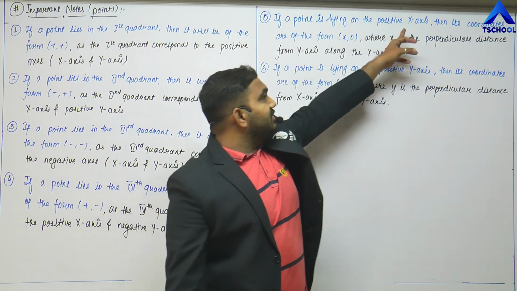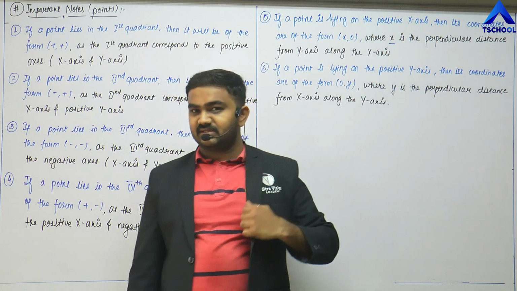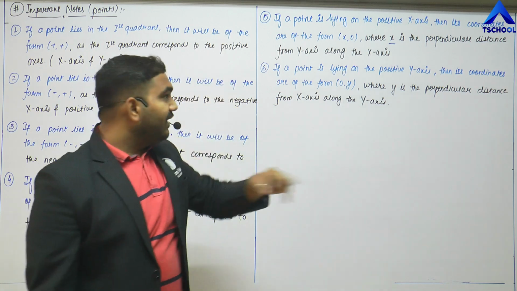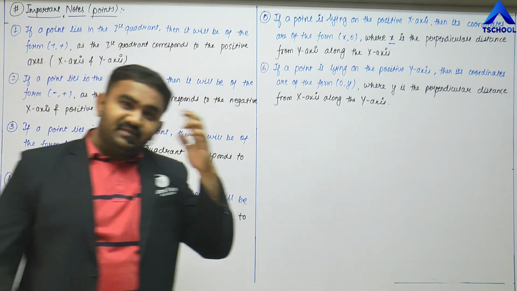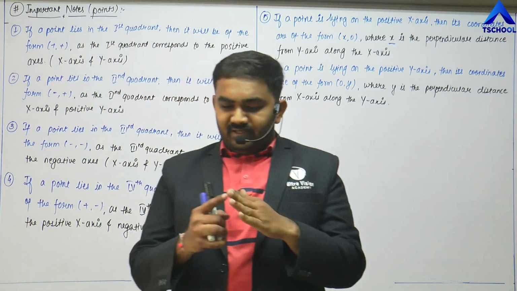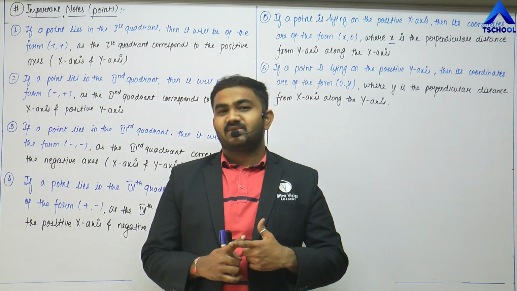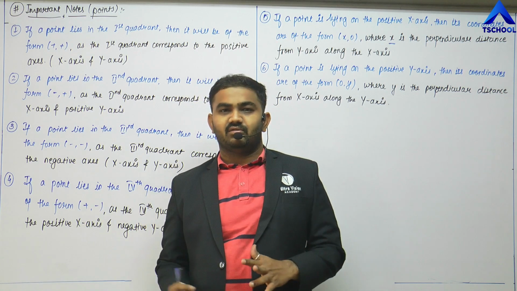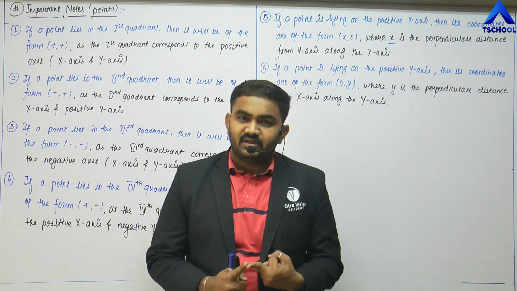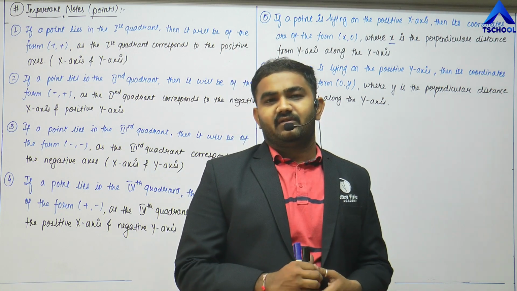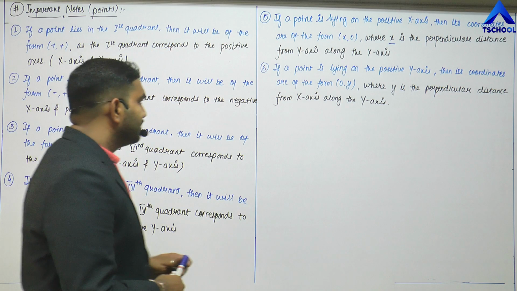If it is on the x-axis, its y coordinate is 0, and if it is on the y-axis, then its x coordinate is 0. So you will understand this trick: the point is on the x-axis, so its y coordinate is simply 0. You don't need to find it out anywhere.